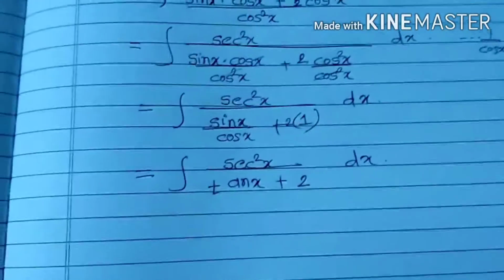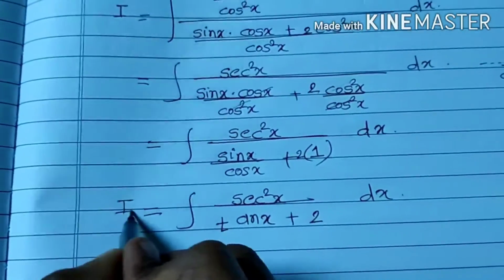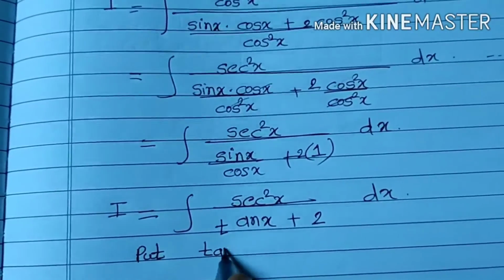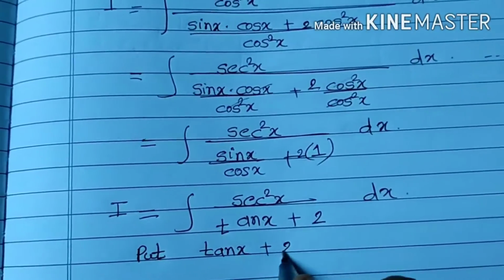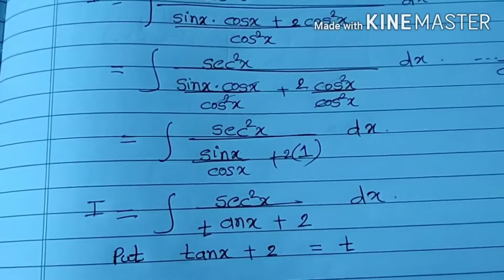Now here we have to substitute tan x plus 2 as t. So put tan x plus 2 is equal to t. Now differentiate with respect to x.